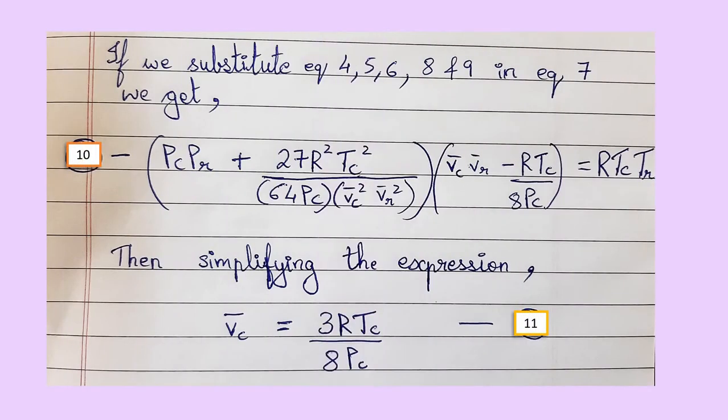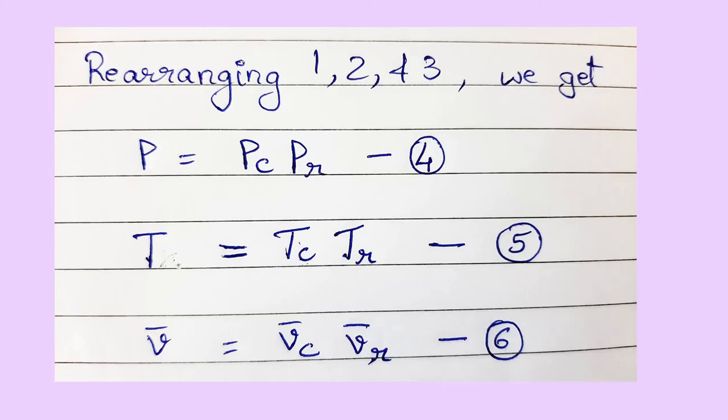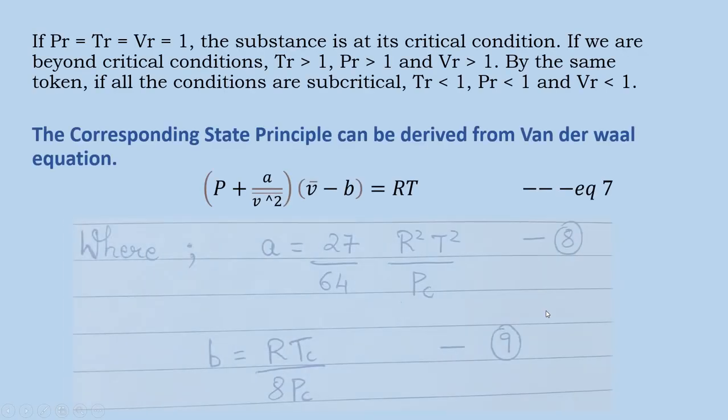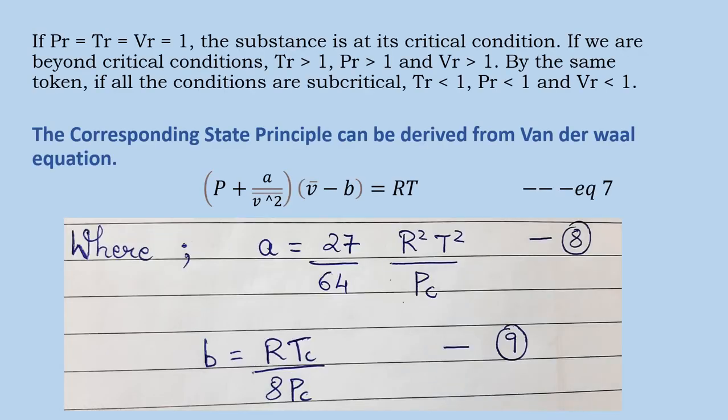So now I have substituted equations 4, 5, 6, 8, and 9 in equation 7, which is the van der Waals equation.